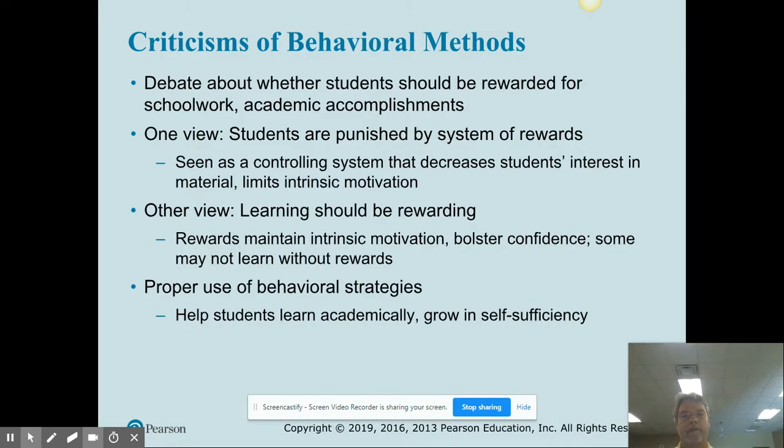So let's see. Remember that there are challenges or criticisms of any of the learning theories that are out there, and there are some challenges to this one as well in terms of the behavior approach. Students are punished by systems of rewards. Some people have a belief that learning should not be rewarded.